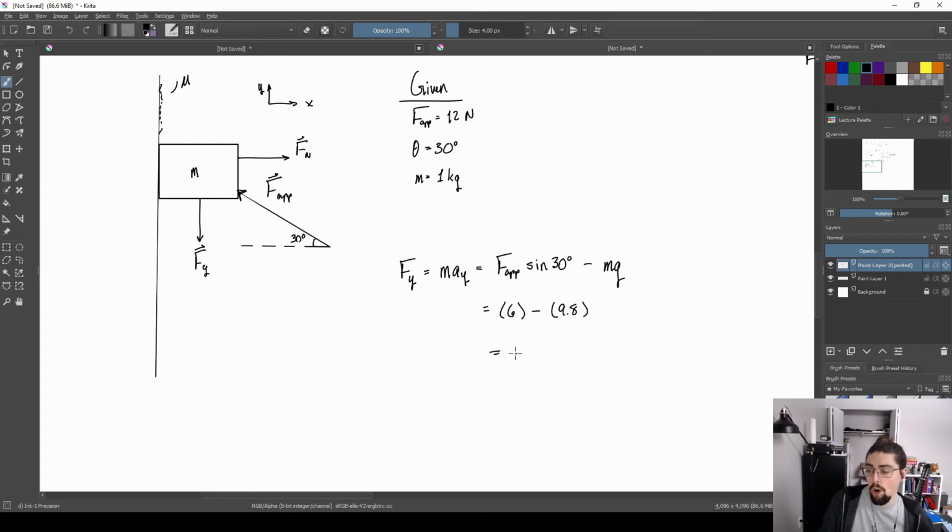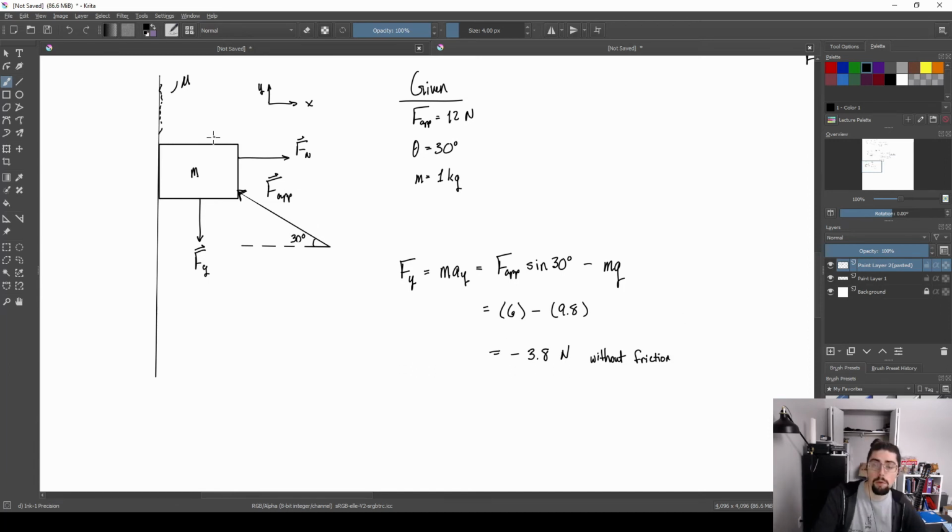That is a total of negative 3.8 newtons downwards. That is my net force in the y direction, assuming no friction. Without friction, the box wants to move down.